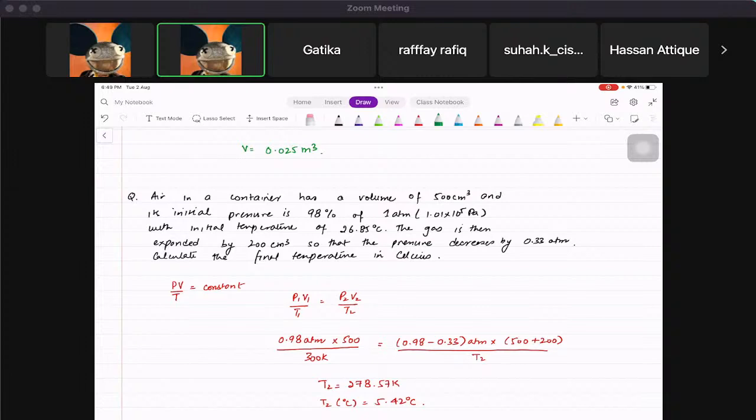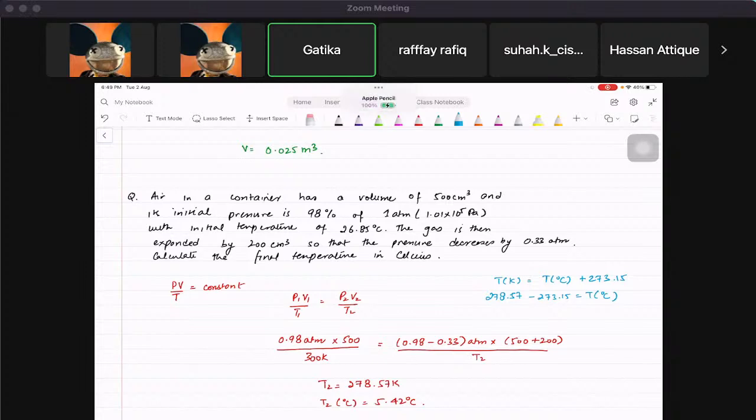So temperature in Kelvin is given by temperature in Celsius plus 273.15. Okay, so if we have 278.57 as the answer, then we got to subtract 273.15 to find temperature in Celsius. That's why. Okay, I thought we are subtracting from the initial temperature. Sorry. No, we are using the equation. It has a constant factor in it. Okay? Is it clear?